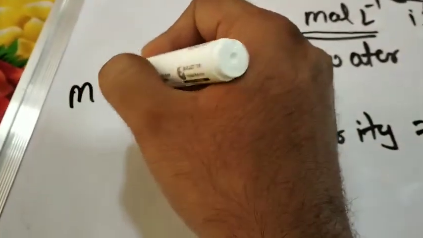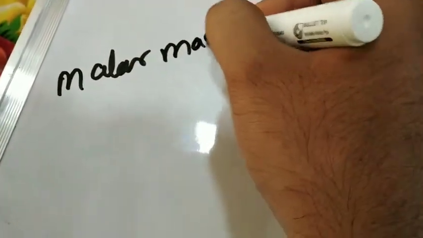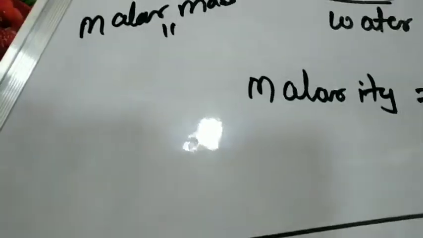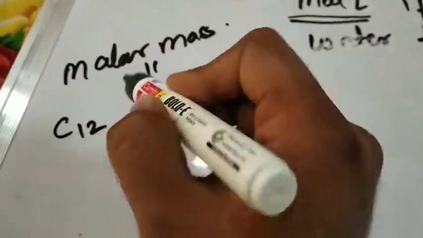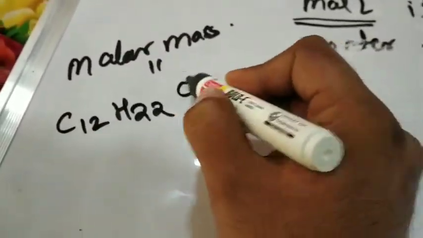So molar mass of a sugar is equal to, let's write down the formula, C12H22O11.